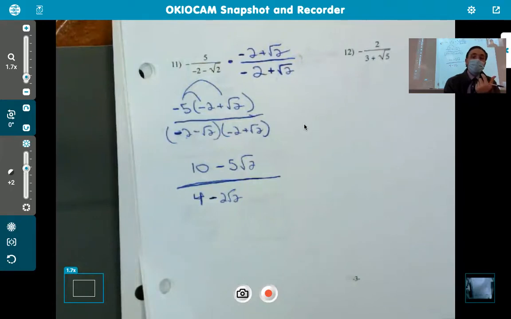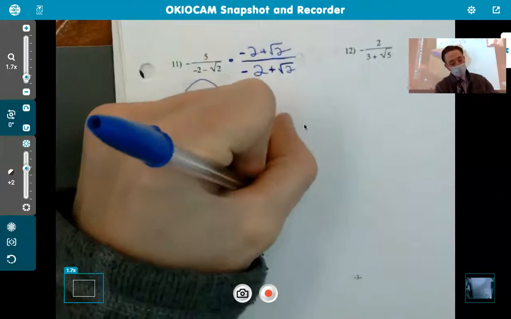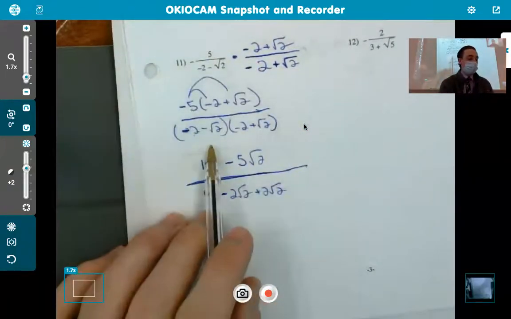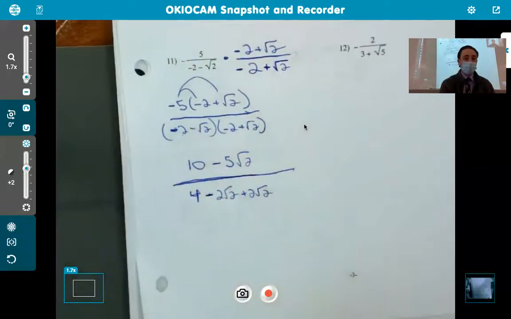What is -√2 times -2 going to give me? Positive 2√2, right? And then what is -√2 times +√2 going to simplify to?